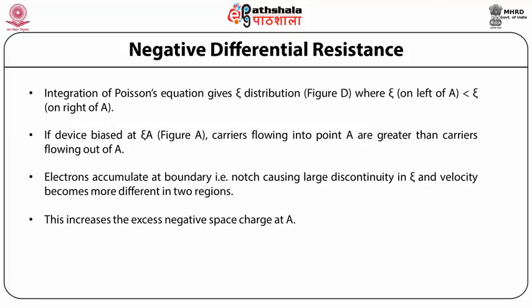Accumulation of electrons continues. Since J is constant throughout the device, an increase in n at point A causes the drift velocity v to decrease. Therefore, electrons in this region slow down, which causes an increase in the negative charge.